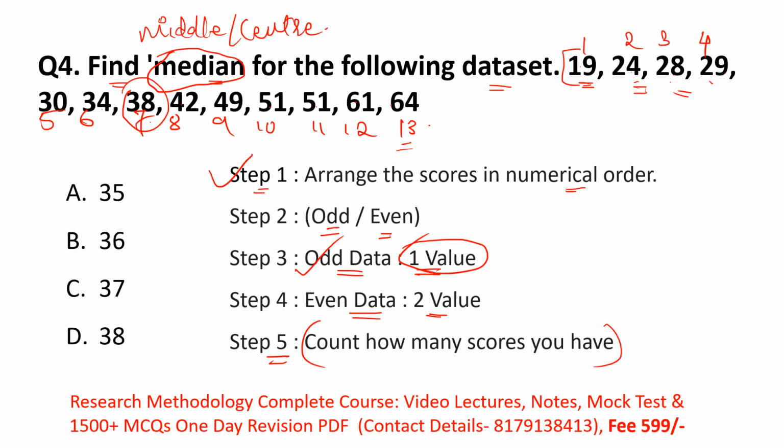On the 7th number from both sides, which number is coming? 38. That means in this data set, 38 is your middle value, or median value, or center value. So the correct option is option D, 38. Your median value is 38.